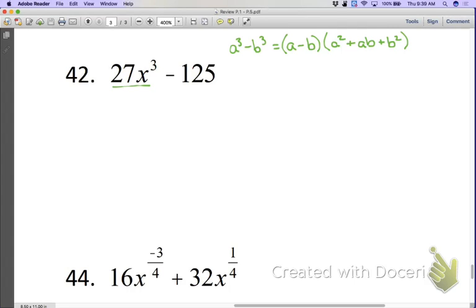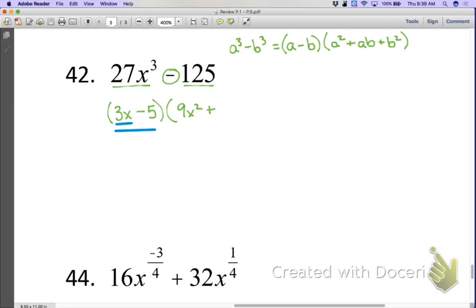So what's the cube root of 27x to the third? 3x minus cube root of 125? 5. So now it really just becomes, what's 3x squared? 9x squared. Multiply those two together, opposite sign, so it's a minus, so now it's going to be a plus.